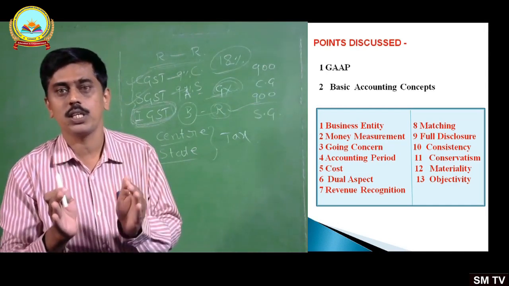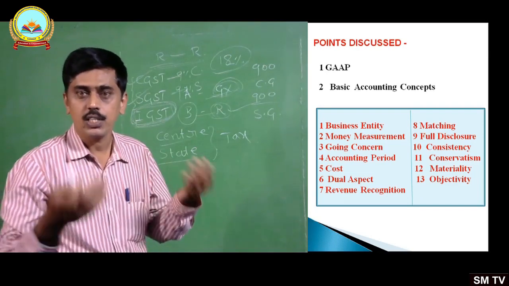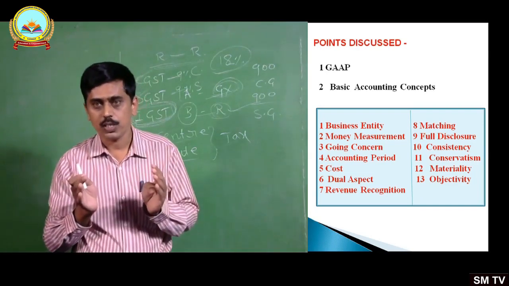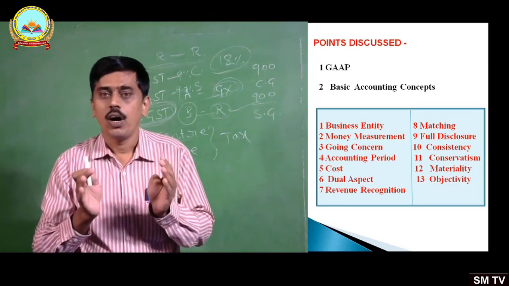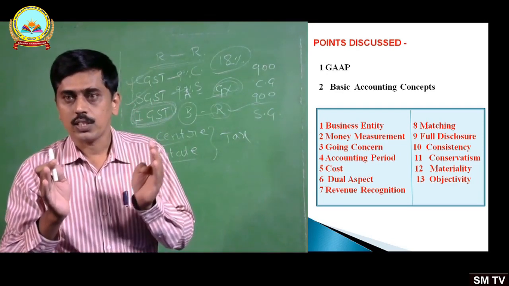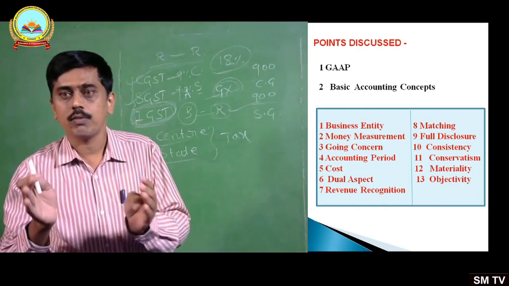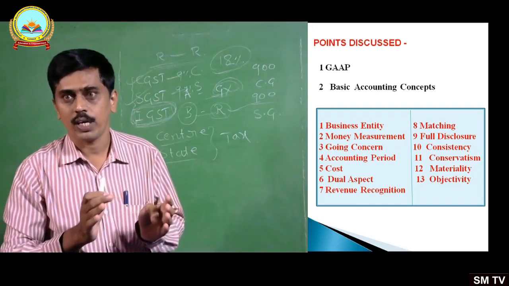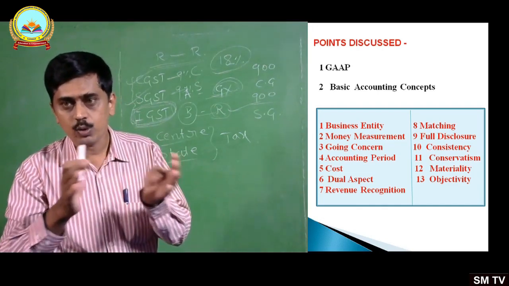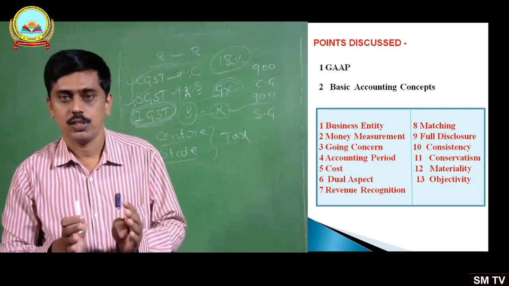Owner is different, business is different, isn't it? Next, money measurement concept, which says that only those transactions which can be expressible in terms of money should be recorded in the books of account, or all items should be expressed in money terms, isn't it?